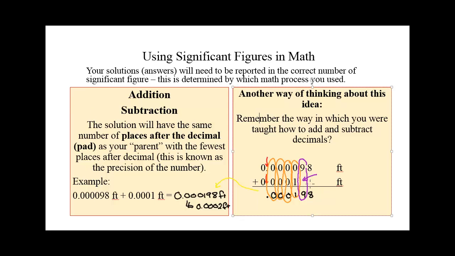And so, if this column is the first one that I'm missing, when I respond with my answer, I'm going to respond to the first, second, third, fourth place after the decimal. The 9 has an opportunity to round the 1, so 0.0002 feet.